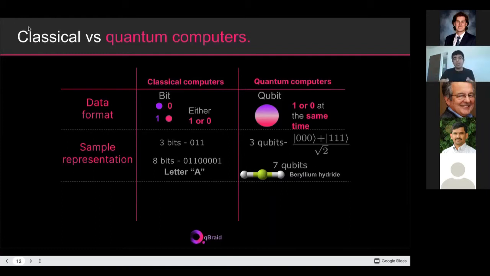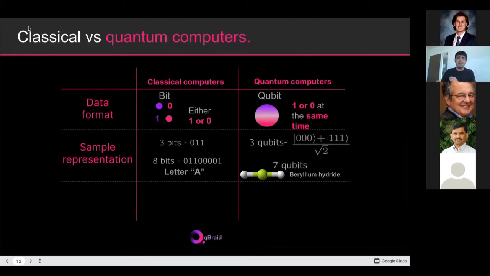So there are 8 combinations. According to quantum superposition, you can have a superposition of 000 plus 111. That means those 3 qubits are in the state 000 and 111 at the same time.